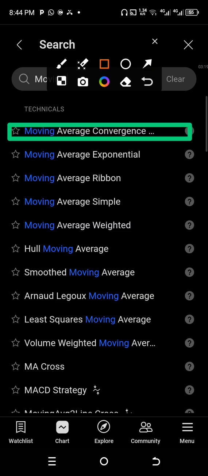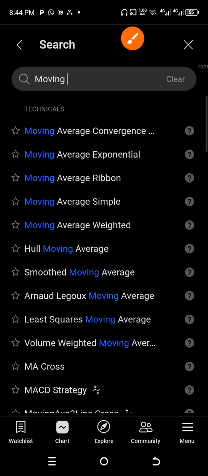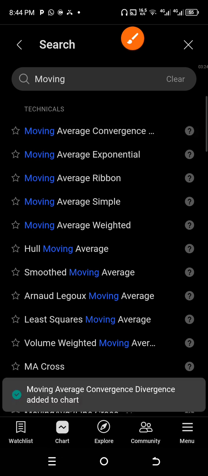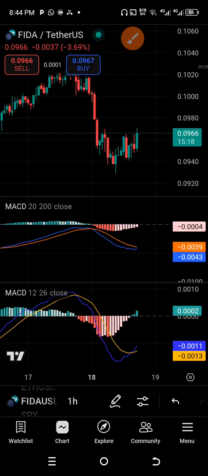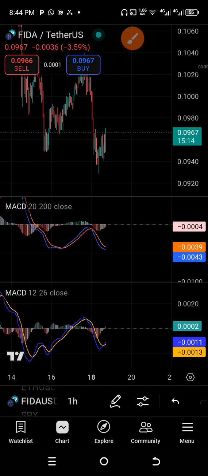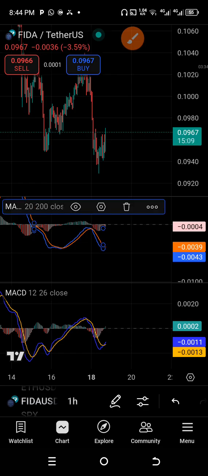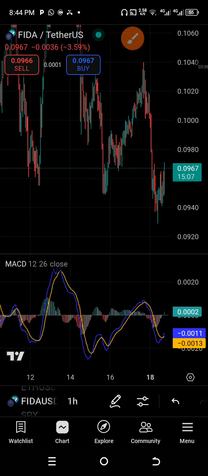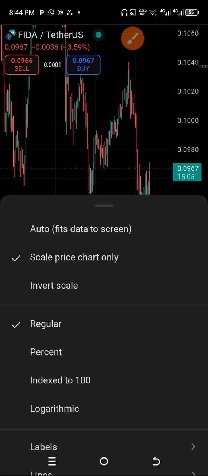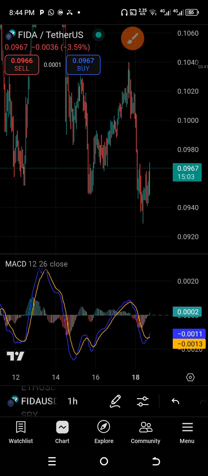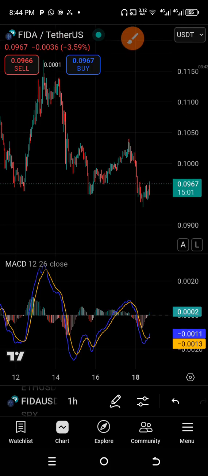You tap it, it will be added to the chart. Then you close, you come to your chart here, and you see your MACD has been drawn onto your chart.